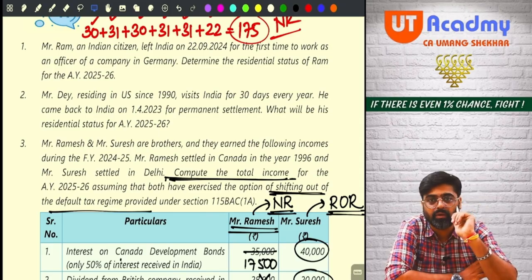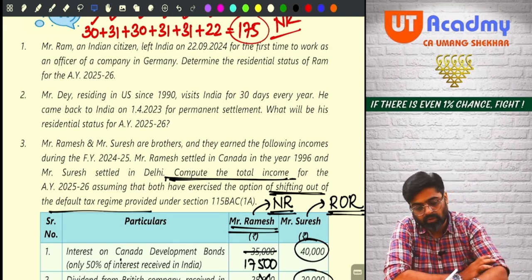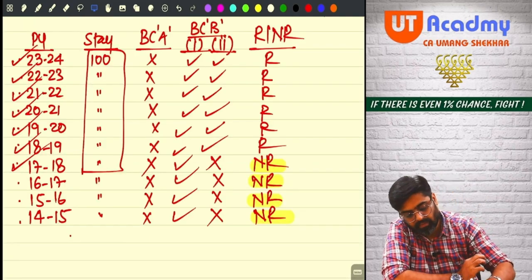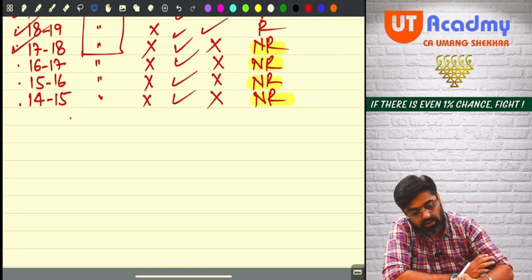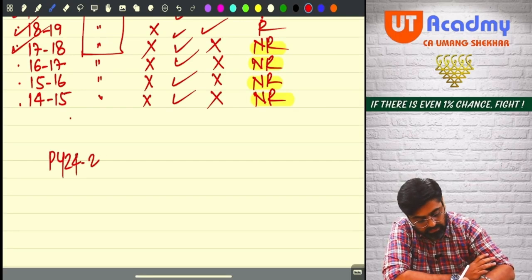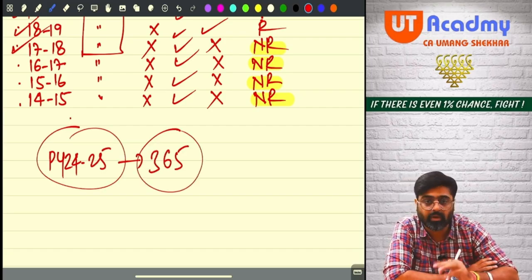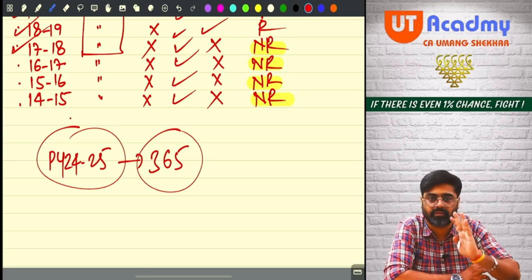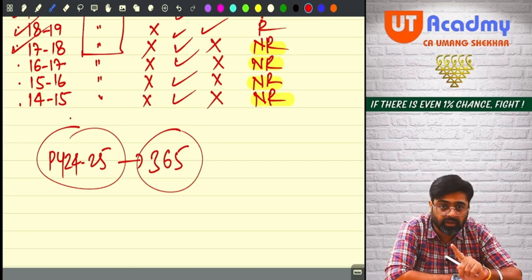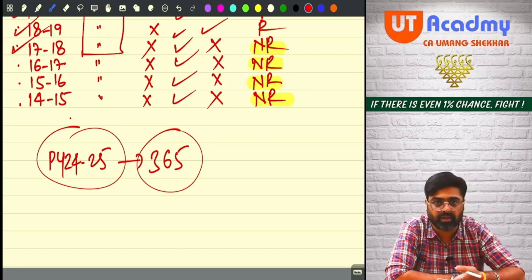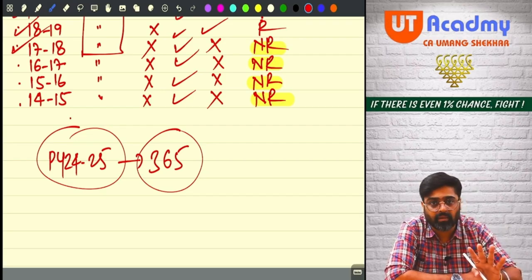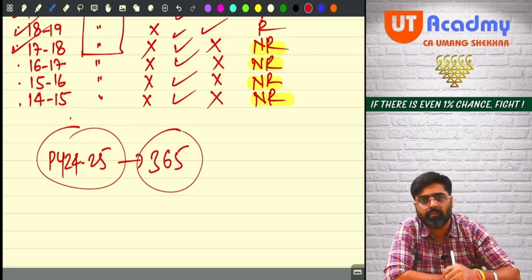Understanding, no? So now please pay attention. What will happen over here? In the current previous year, meaning previous year 24-25, his stay in India will be the entire 365 days, because he is there in India since last year itself. So is it more than 182 days? Yes, basic condition A fulfilled. And B is applicable, but we will not check B, because no requirement.